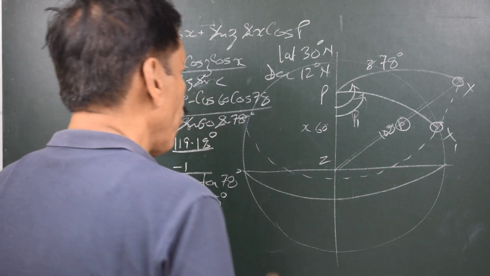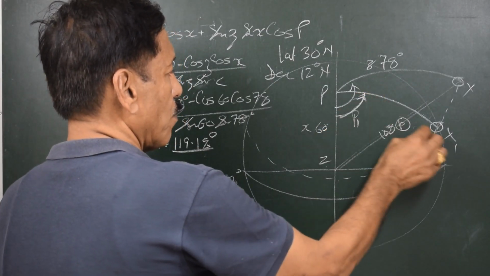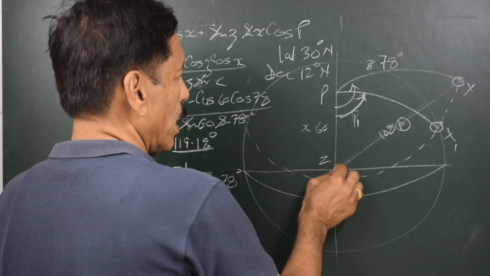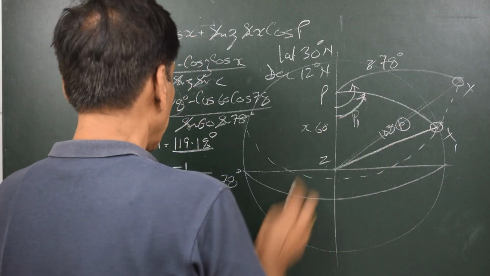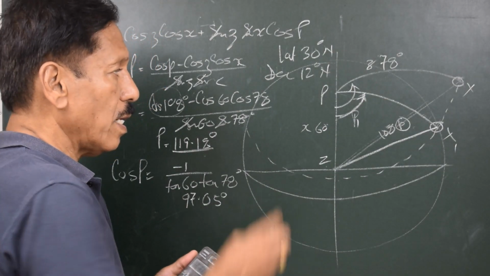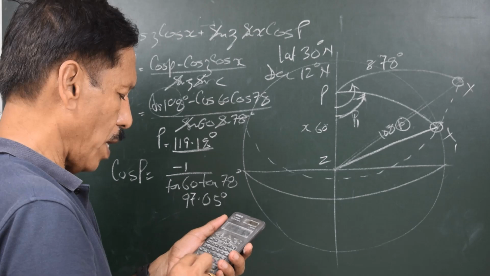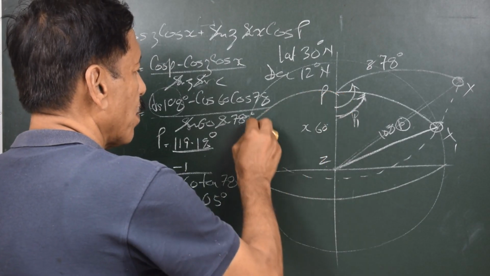So if we say that we know only this angle, that is from sunrise to meridian passage, this triangle gives us the angle as 97.05 degrees, and 97.05 multiplied by 2 will give me the angle traced till the sunset.